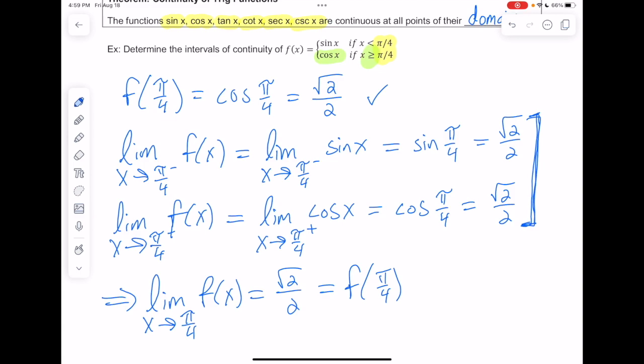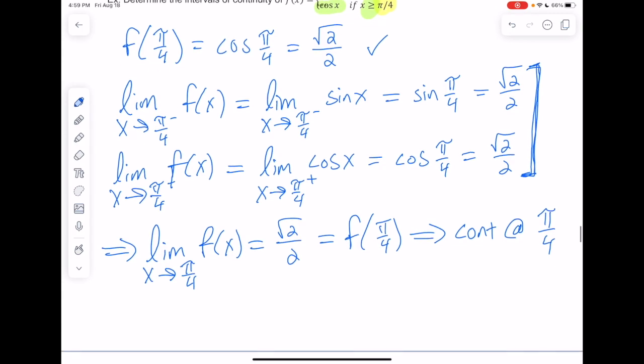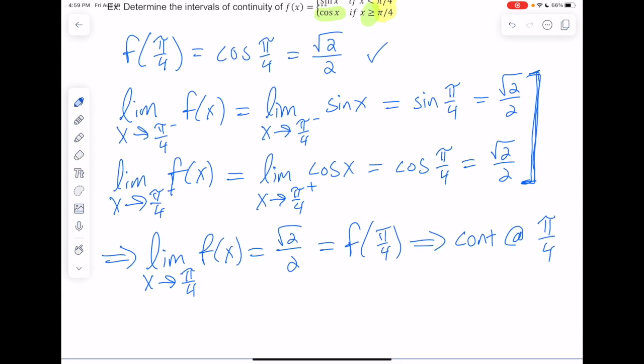So the limit equals the value of the function, the function is defined, the limit exists, we've got all the pieces we need, and that implies that we have continuity at pi over 4, and that was the only part we were worried about. So if it's continuous at pi over 4, it's going to be continuous everywhere. So f of x is continuous on the entire real number line.